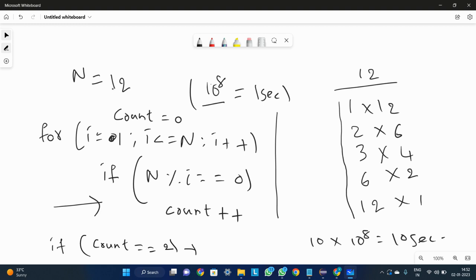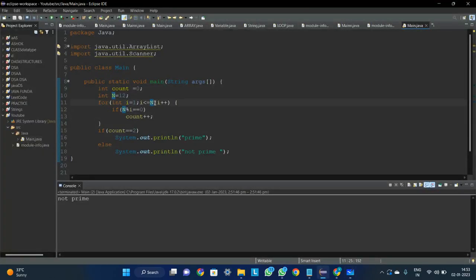But can't we reduce the time complexity here? Just observe 1, 2, 3, 4, 6. We know that any number greater than half of the number cannot divide it. For example, for 12, more than 6 we can't divide. So why can't we take up to only n by 2? Here the count would be 1, because we are checking from 1 to 6 only. I'm just taking from 1 to n by 2, and obviously 1 will be divisible.